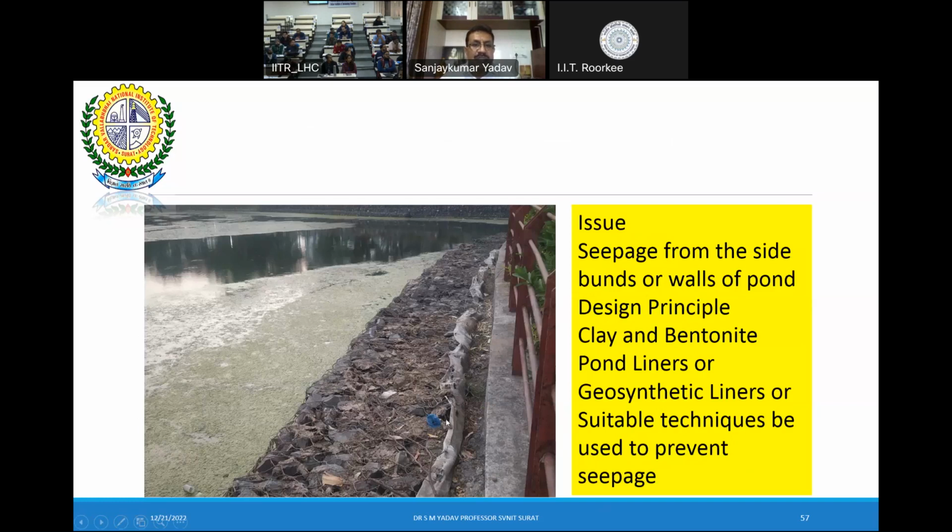It is this geosynthetic material that prevents the water loss from the sides of the pond. So laying of geosynthetic material to prevent losses wherever necessary can be done for the pond to keep the storage of water for a longer time period.